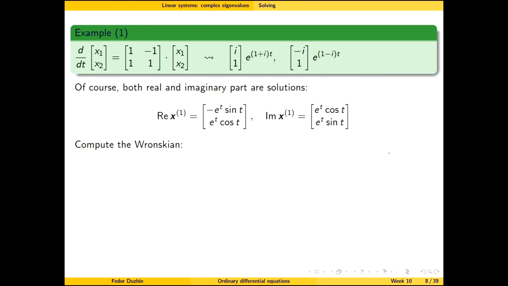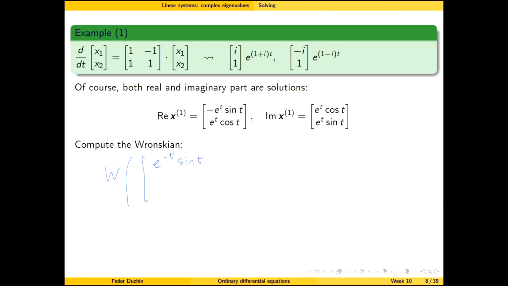Now let us compute the Wronskian of these two solutions. Note that the Wronskian of vector valued solutions of systems of differential equations is actually a simpler concept than the Wronskian of solutions of higher order differential equations, because you don't need to differentiate anything.